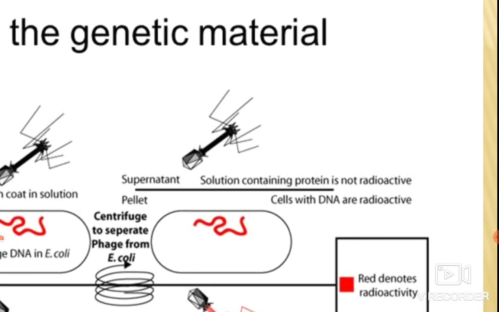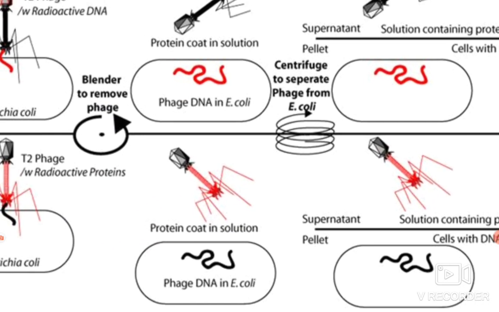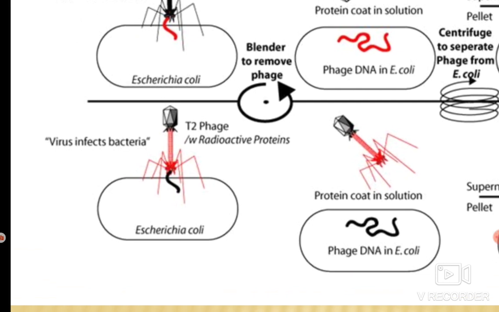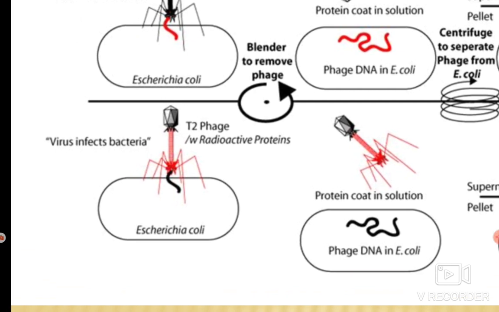Centrifuge to separate phage from E. coli. Supernatant solution containing protein is not radioactive. Cells with DNA are radioactive. Second experiment. Virus infects bacteria. Here proteins are labeled, or radioactive proteins labeled with sulfur. Again blending.